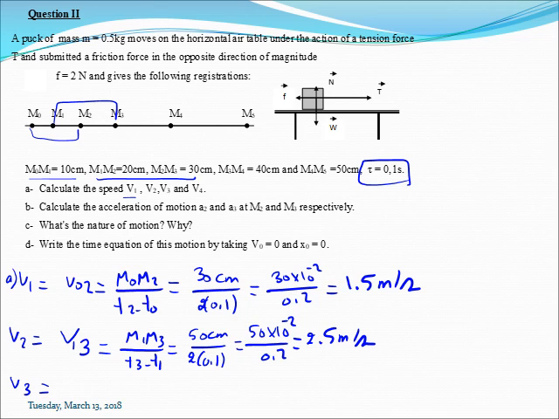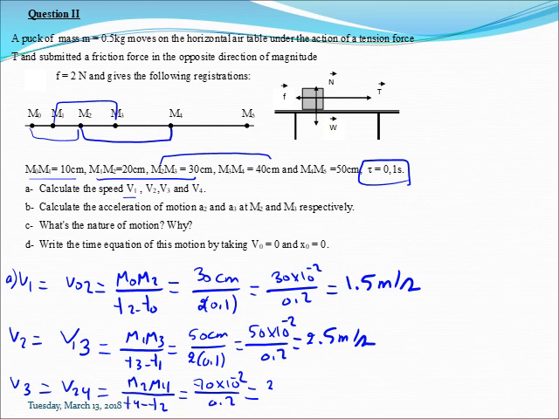V3 equal V24 equal M2 M4 over T4 minus T2. The distance M2 M4 is 30 plus 40, 70 centimeter times 10 power minus 2 over 0.2 equal 3.5 meter per second.